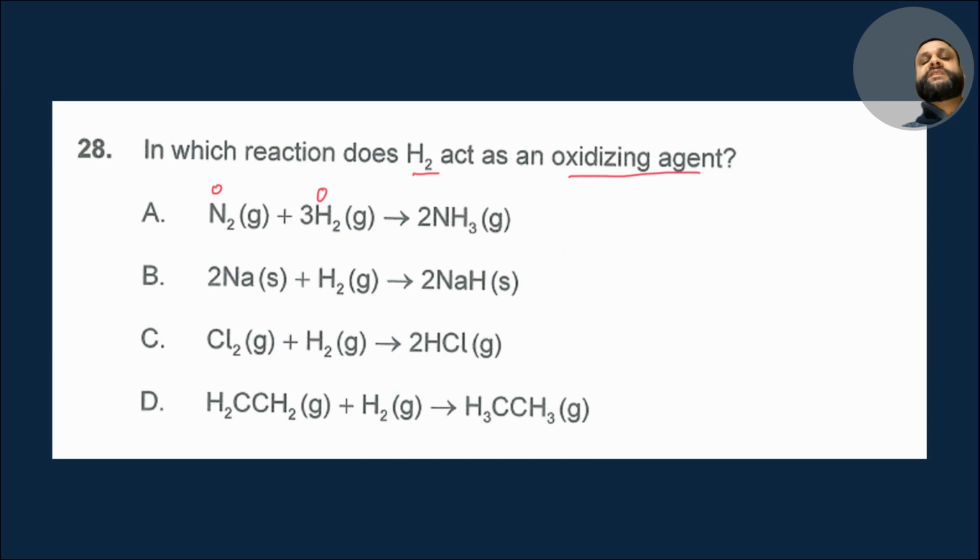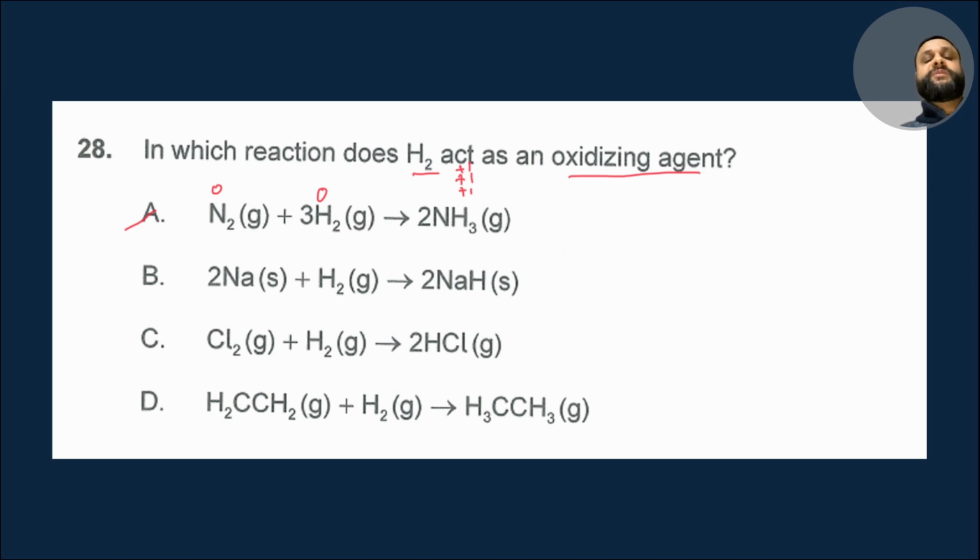On the product side hydrogen is +1, +1, +1. So hydrogen is oxidized here. That is not the right answer. Hydrogen is acting as a reducing agent, but we're looking for hydrogen acting as an oxidizing agent.